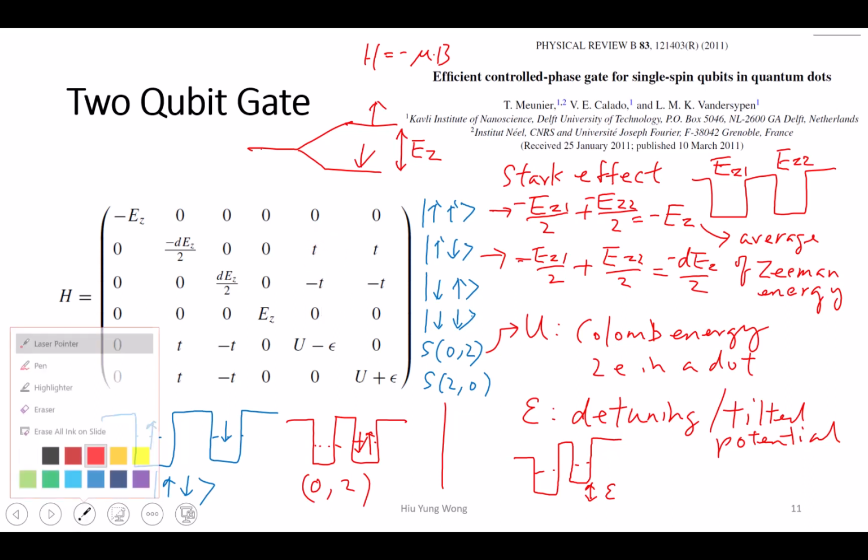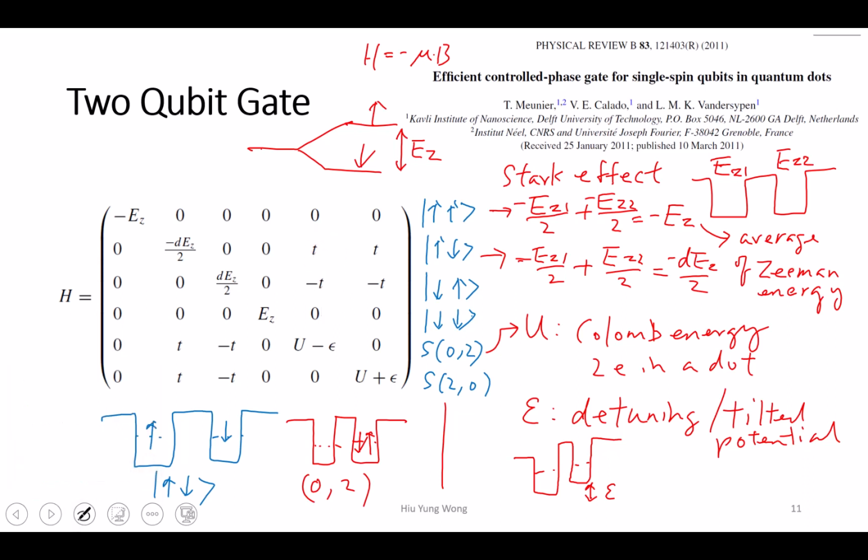So what is this? I will put it here. Sorry for that. T is the tunneling energy or tunneling term, right? What does it mean? You see that it couples, right?